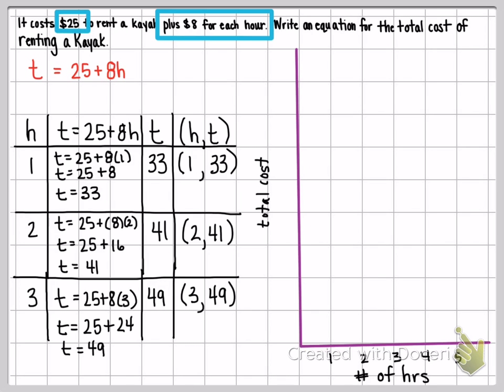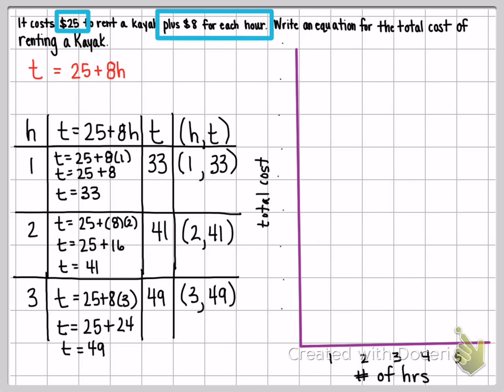For my total cost, I have to get all the way up to 49, and I have to go by equal intervals. So when I look at what I have, I'm thinking that maybe I can go by 5s. That would be if I have 10 markings. 1, 2, 3, 4, 5, 6, 7, 8, 9. I don't have exactly 10, and I need to get to 49. So maybe I'm going to go by 10s in this one, just to have space in the problem.